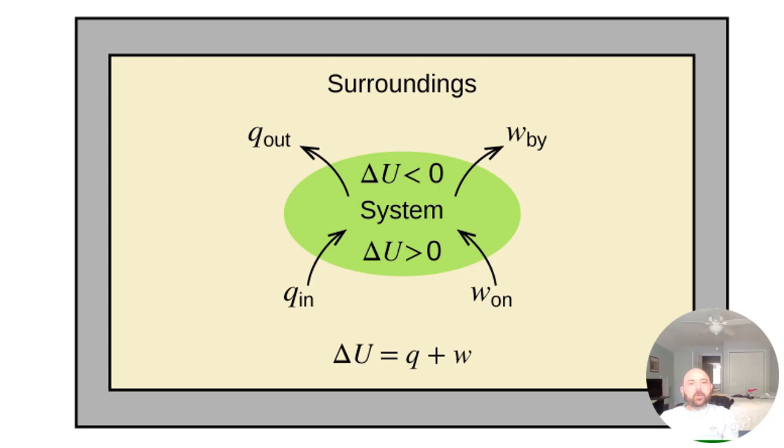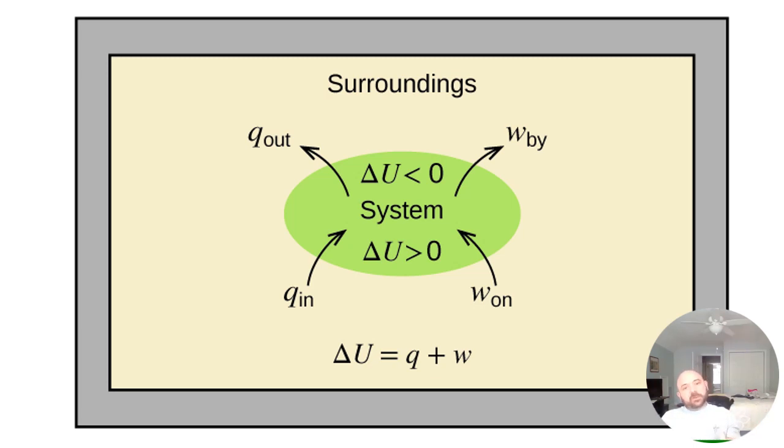Here in this example, we have a diagram that shows the relationship between total energy for a system and how it can either lose that energy or gain more energy. We can see that if work is done on a system, so if something pushes against the system, then the change in energy is greater than zero. Energy is absorbed.